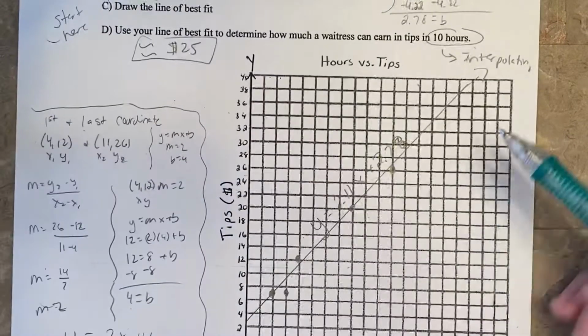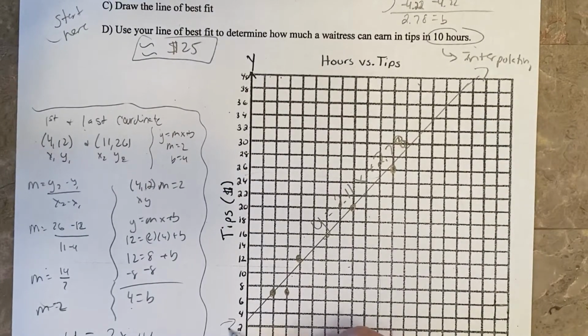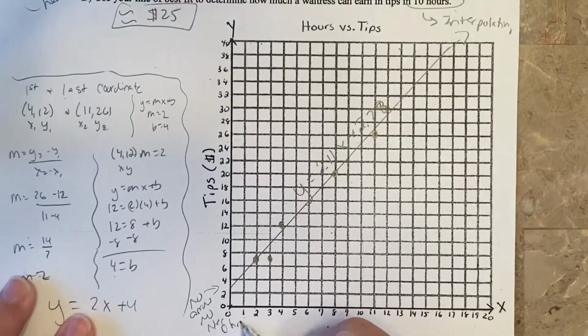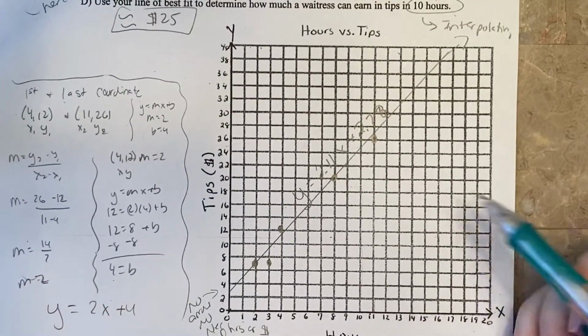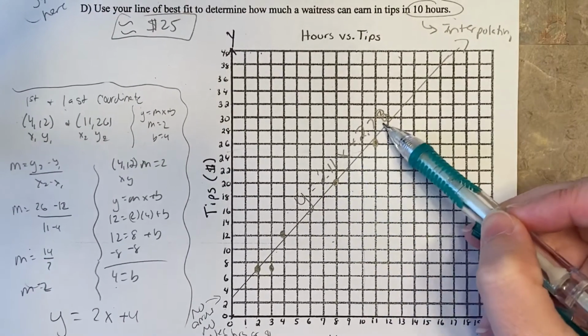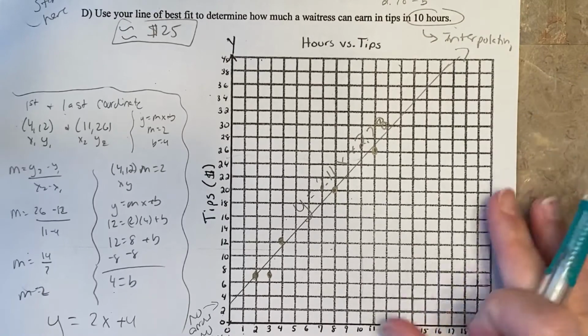Make sure you have an arrow on this side, no arrow here, because you can't have negative hours or money. Please make sure it's labeled with the equation y equals 2.11x plus 2.78, and make sure you have an arrow on this side.